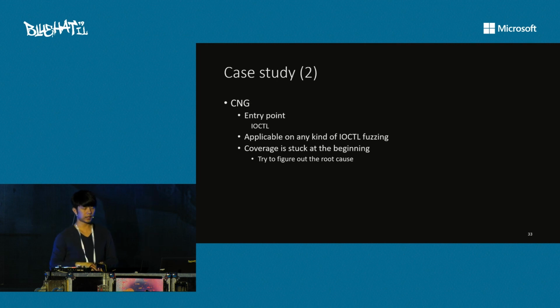When the fuzzer starts, the code coverage did not increase rapidly and got stuck. It doesn't make sense based on the complexity of the driver, so it's time to figure out the root cause.